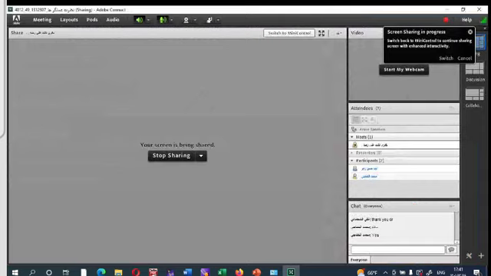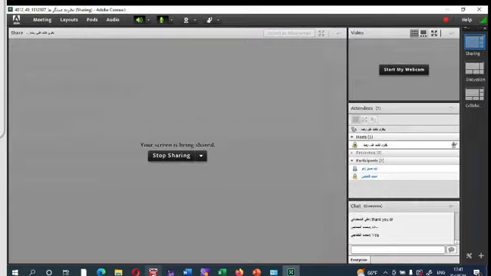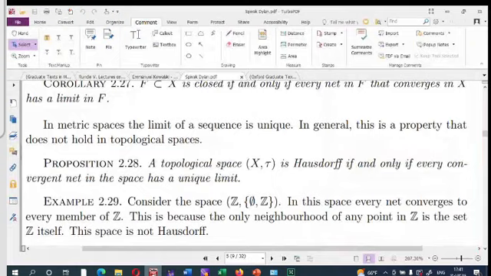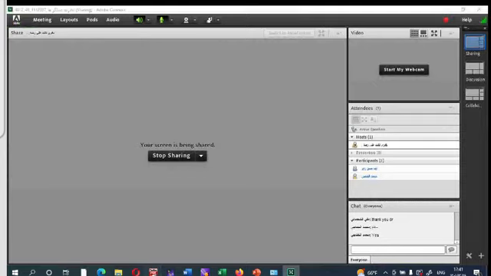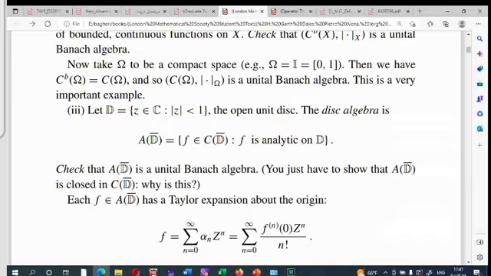In the name of God, in the previous session we saw some examples of Banach algebras, and the last example is this: A of the bar, the set of all analytic functions on the open unit disk.